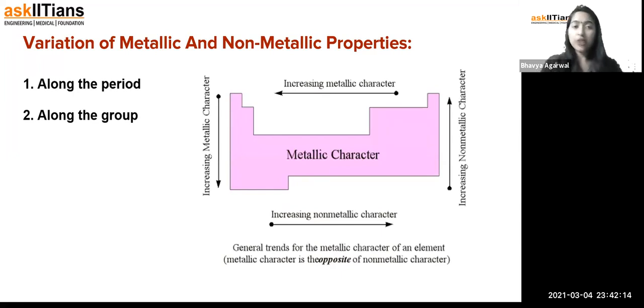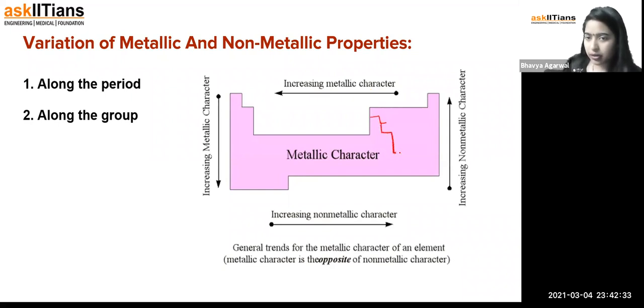Now, we talk about the next thing, and that is the variation of metallic and non-metallic properties. So this appears to be very easy, isn't it? So we know that if I look at my periodic table, there is a staircase-like part.